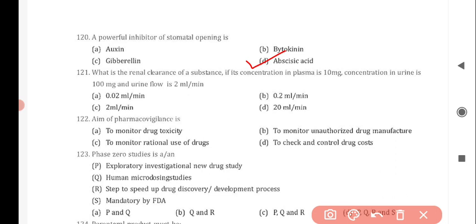Next question is what is the renal clearance of a substance if its concentration in plasma is 10 mg, concentration in urine is 100 mg, and urine flow is 2 ml per minute. So the correct answer is option D, 20 ml per minute. Next question is aim of pharmacovigilance is, and the correct answer is option A, that is to monitor drug toxicity.